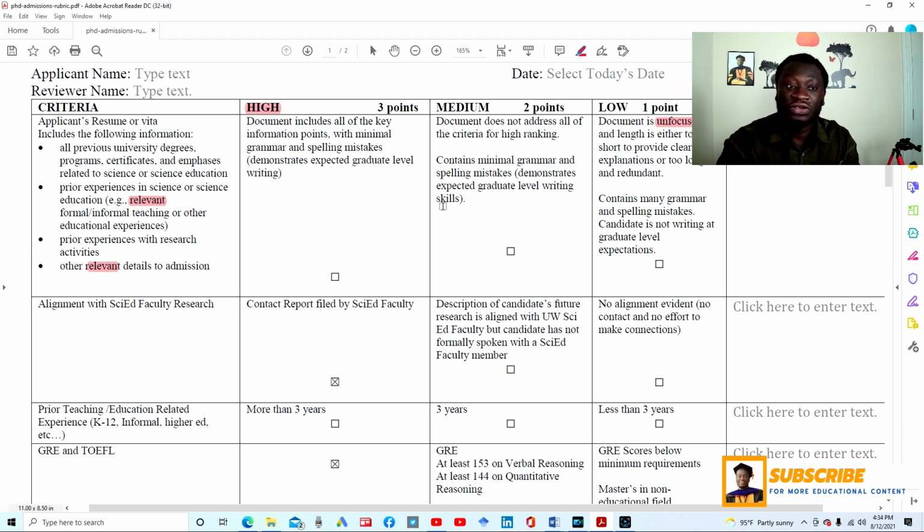what your qualifications are. Now, let's talk about the second criteria here: alignment with science education faculty research. Now, when they look at your CV, they will have seen your background, and they will now have to evaluate if your background tallies with any of the faculty research areas in the department.